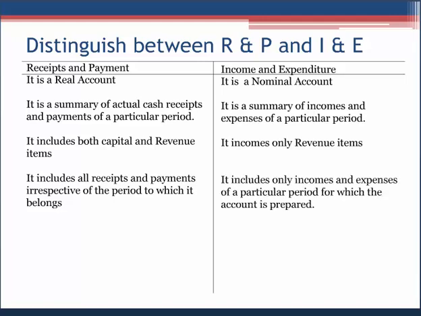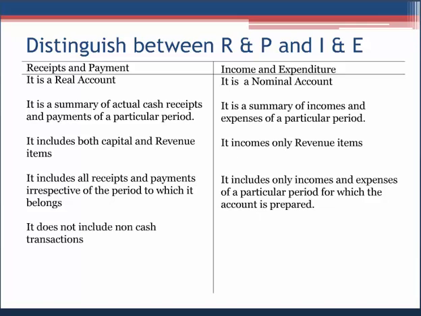Whereas income and expenditure will include only the income and expenses of the particular period for which the account is prepared. It will include income and expenses only for that period, not for the previous year or the next year. Even if the amount is not paid, if it is incurred, it will be recorded as an expense. Are you understanding, guys?